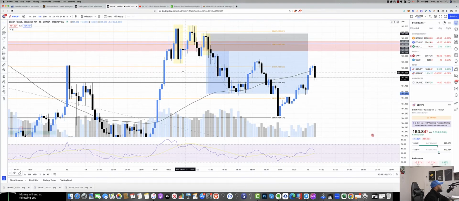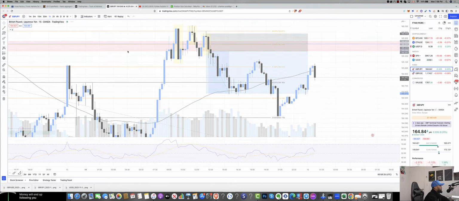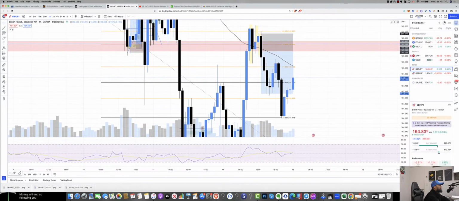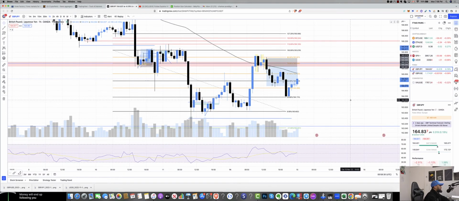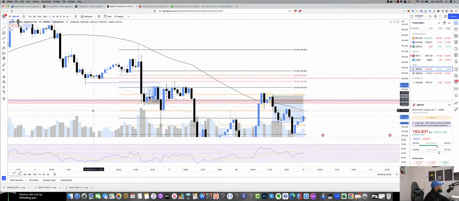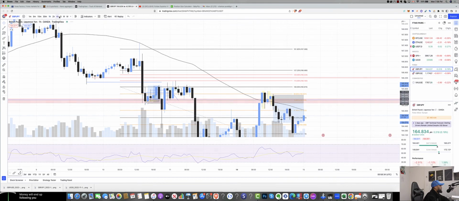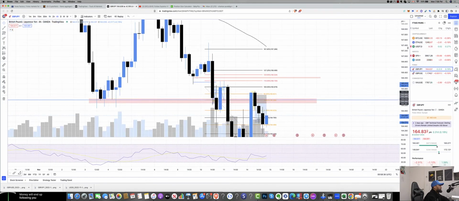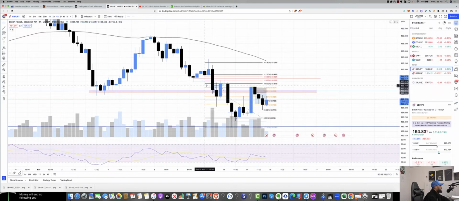Now, the reasons for why I put my target around there. Well, like I said, on the 4-hour, we are definitely in a downtrend, right?